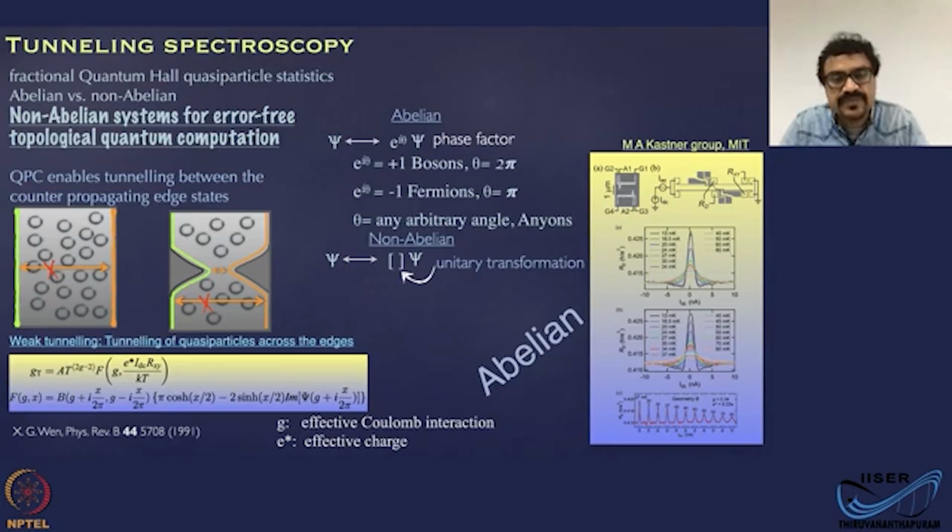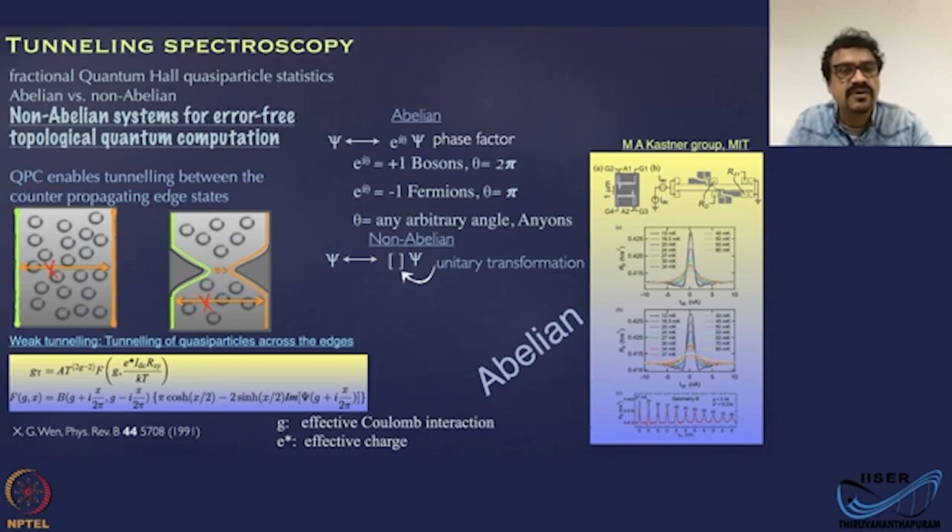Now, this is an example where you can probe a lot of fundamental physics by tunneling experiments conducted using QPCs. This is a landmark experiment where you are probing the statistics or the physics of quasi-particles of fractional quantum Hall states.